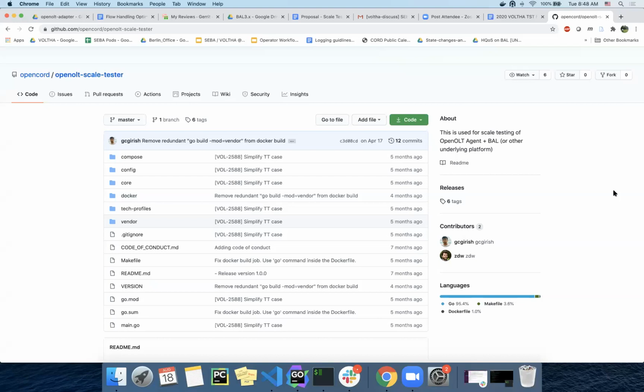Well, it's an improvement. It's an improvement for the Volta stack, undoubtedly. Only if you don't consider the agent part of the Volta stack. Yes. We don't. Do we have any figures on the OpenOLT agent in a testing environment? Like, we never run anything at scale with it?